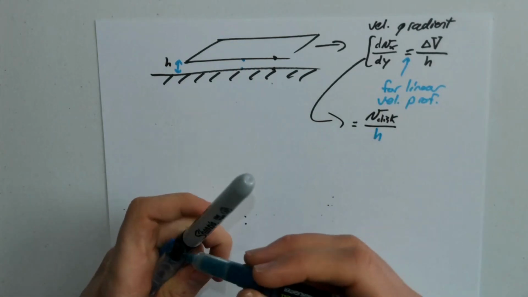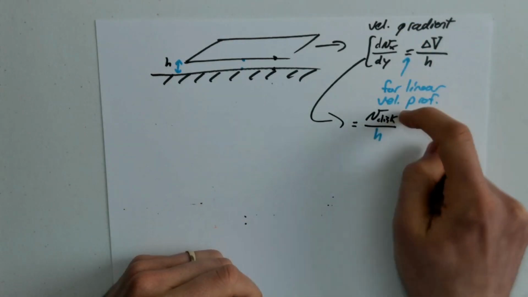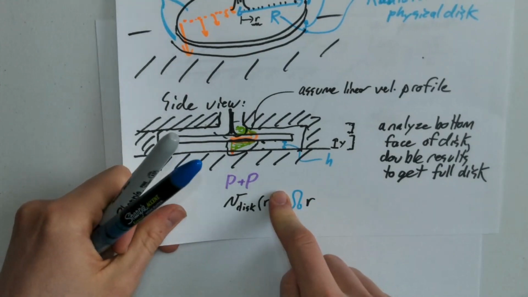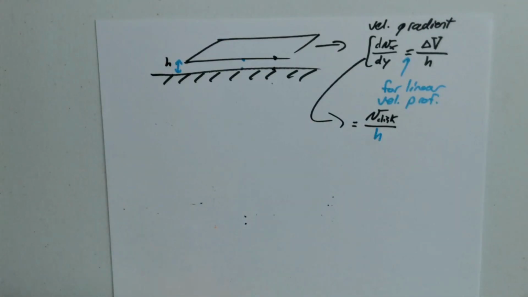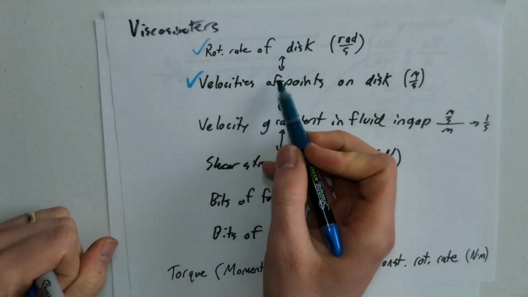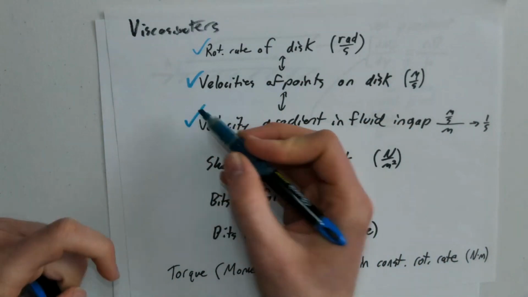Ooh, that's nice. So what does this mean? We have our velocity gradient in terms of an expression that we've already developed and a known constant for the problem. Awesome possum. We now have a relationship between velocities of points on the disk and the velocity gradient for the fluid in the gap.